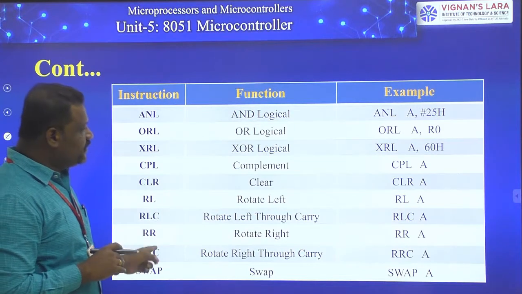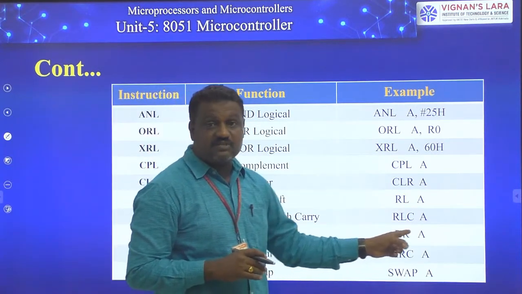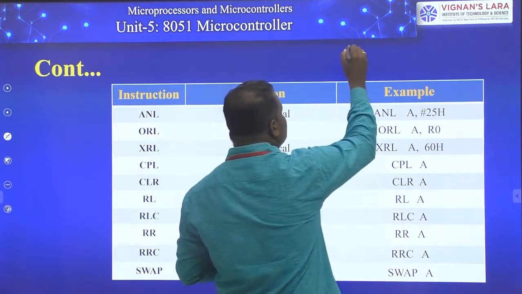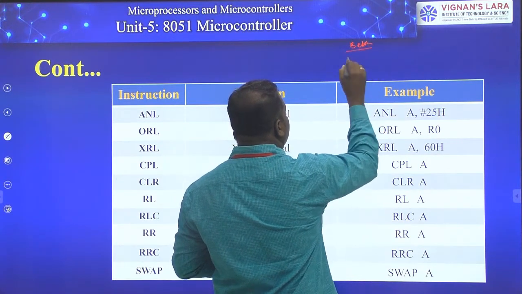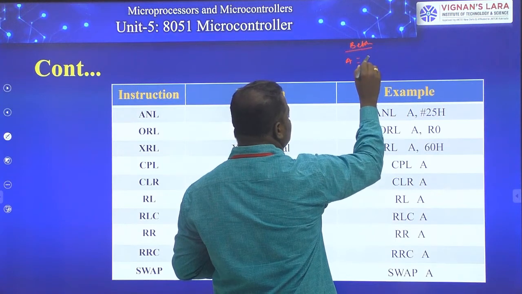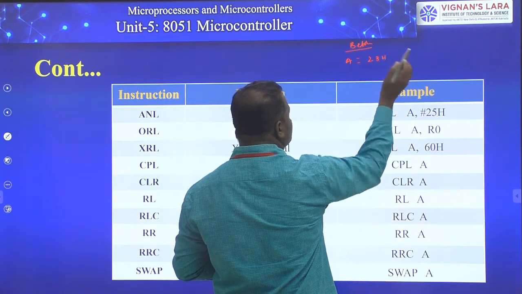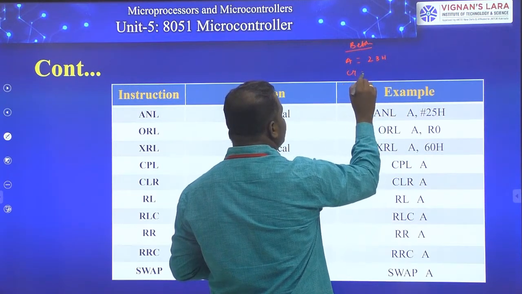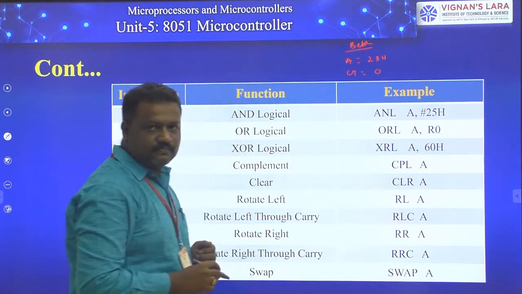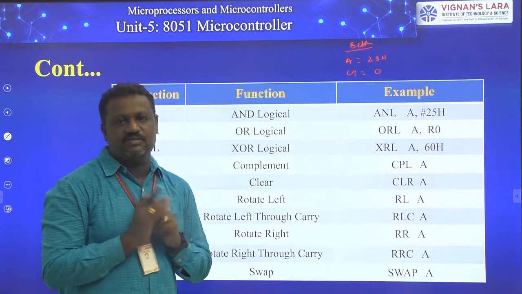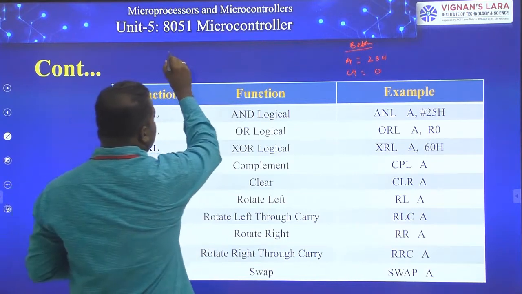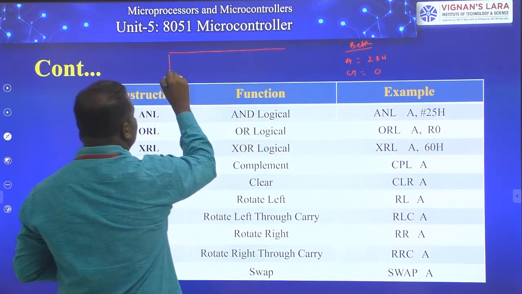Now, if I go for an example, RR space A. Again, if I consider an example, before execution of this, my A value is some 23H and carry flag value is initially 0. Now, this is my accumulator again.